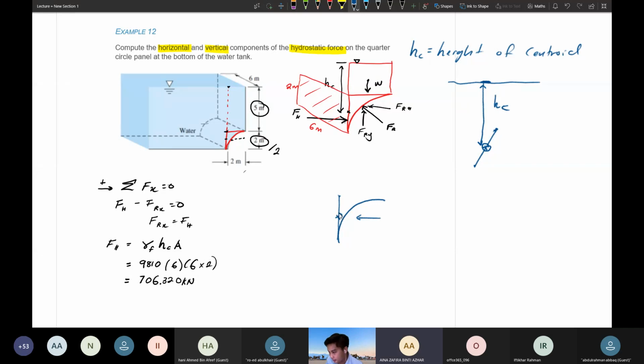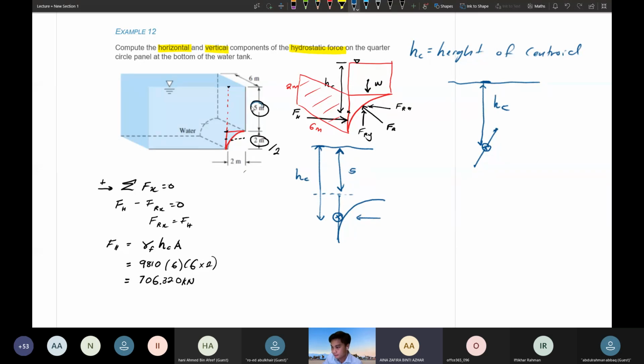Again, this plane is submerged into the water. From the free surface of the water to the centroid, we call it HC. So from the surface to here, what's the value? 5.